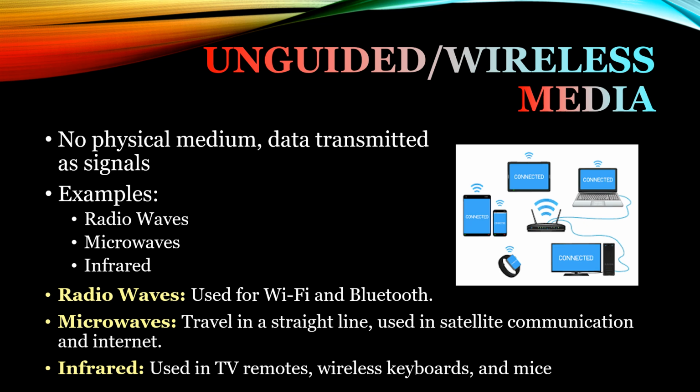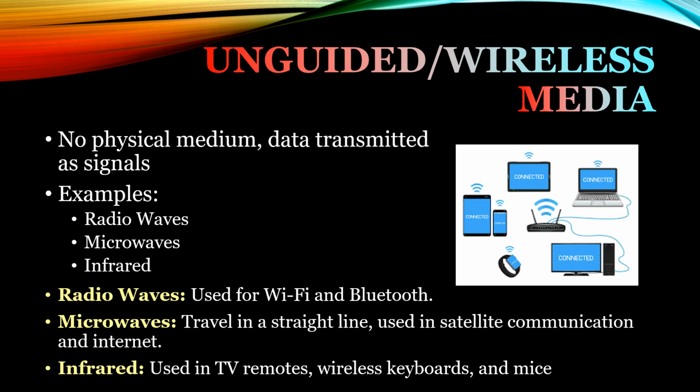The second type is unguided or wireless media, where data is transmitted as signals through the air without using a physical medium. Some examples include radio waves, microwaves, and infrared. Radio waves are used in Wi-Fi and Bluetooth technologies for wireless communication.